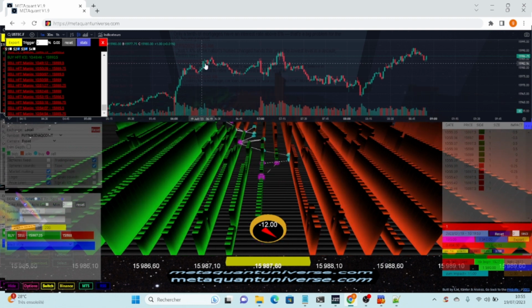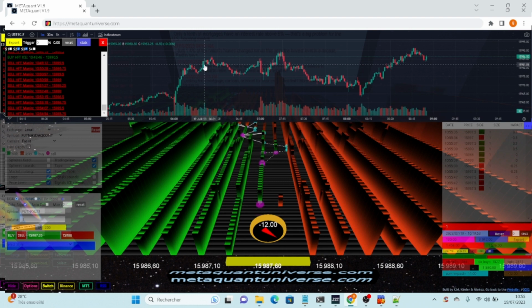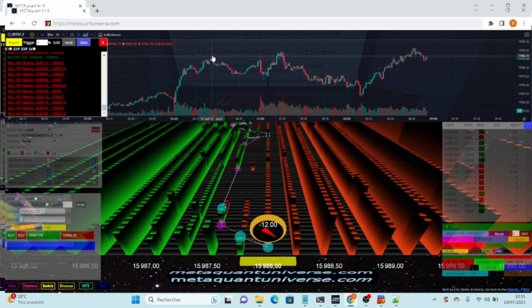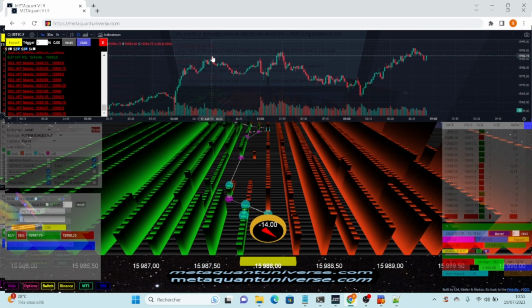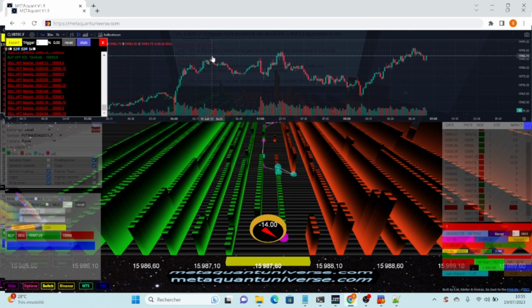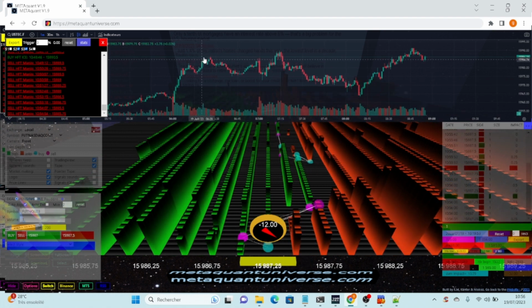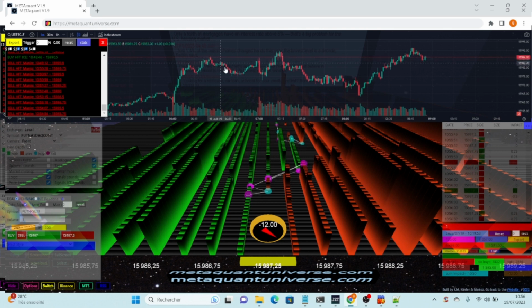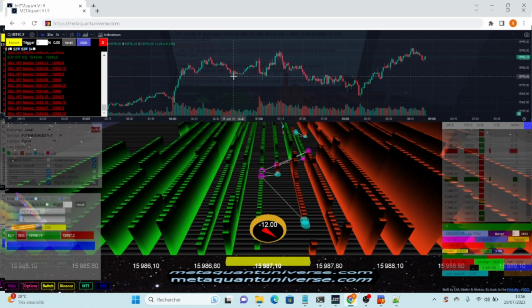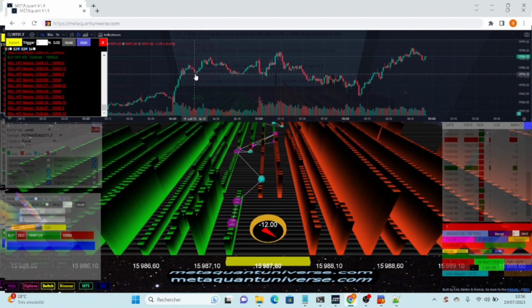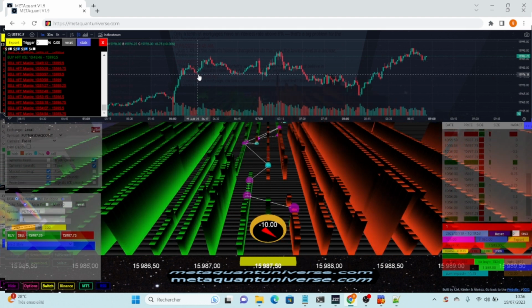And this is what it just did here, 6 o'clock: we print two new daily highs, price extension, and boom, the price pulls back in just below this short-term low.